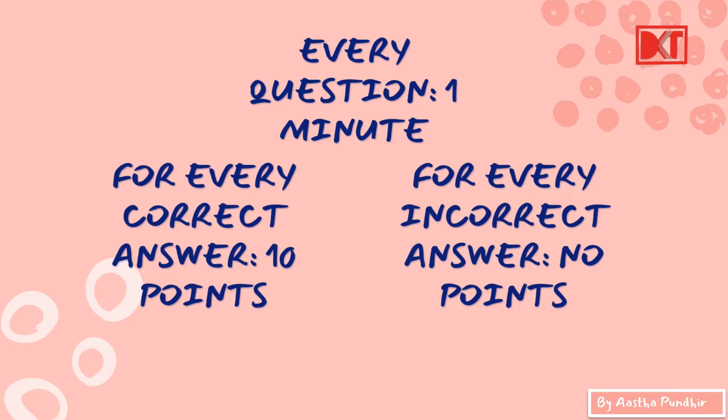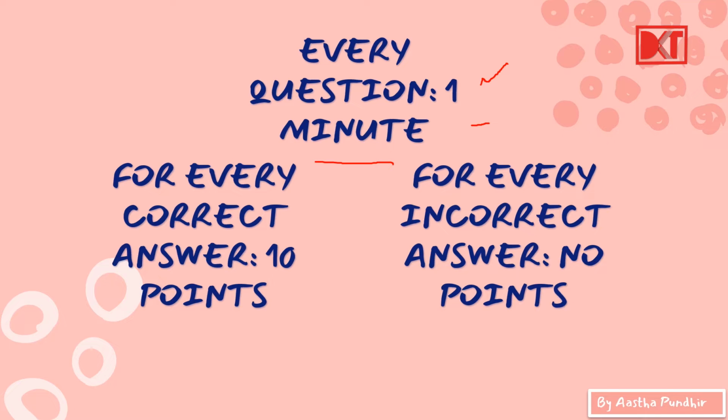All right, so for the quiz, every question you will be given 1 minute. 1 minute means 60 seconds. Why am I giving you 1 minute? Because your question paper of IEO has about 50 questions, so you get more or less a minute to answer each question.